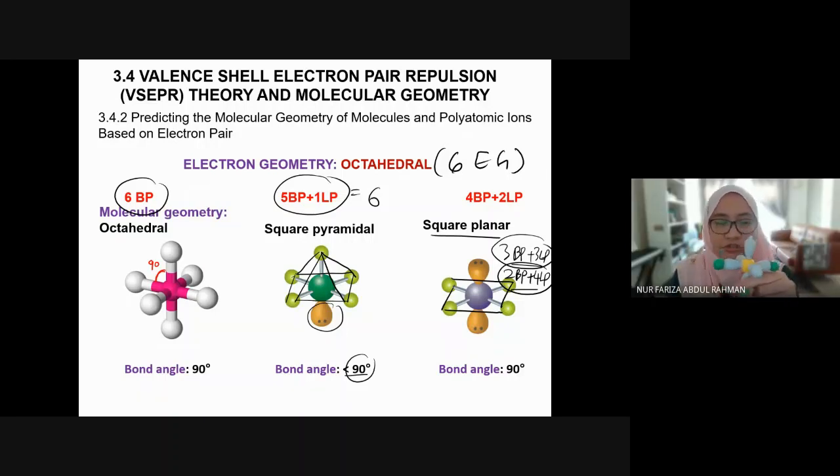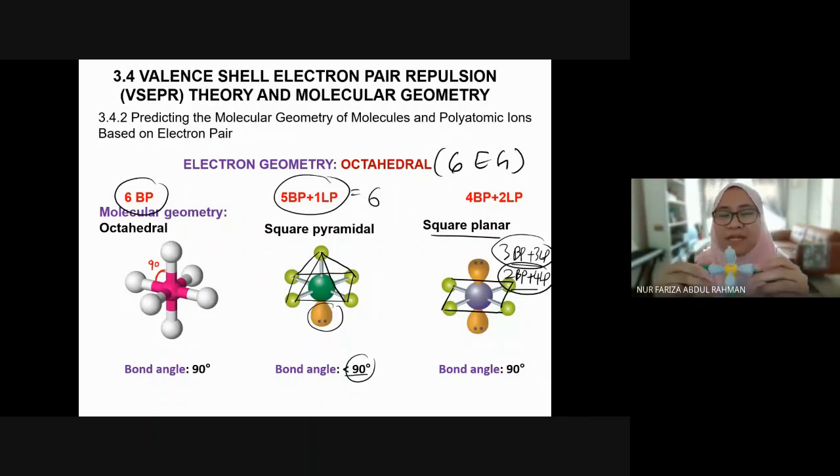So we should place the next lone pair here. It cannot be here. Imagine if we place this one here, look at the lone pair, lone pair, lone pair. So you can imagine the repulsion experienced by all the electron groups. So it should not be placed there because the repulsion is too high.